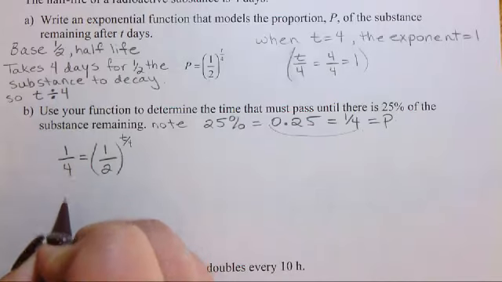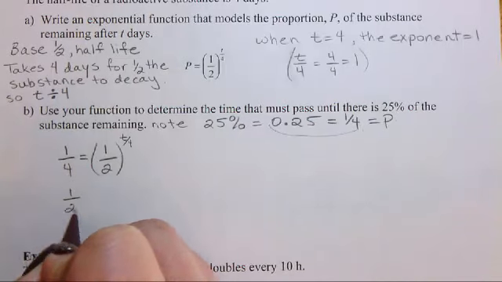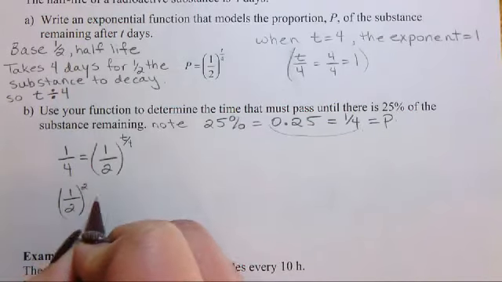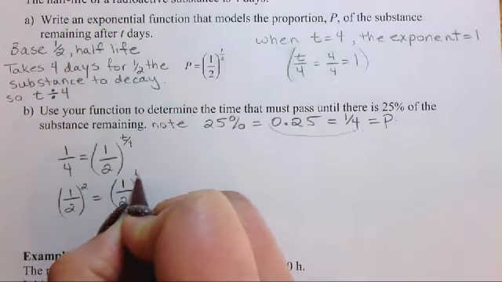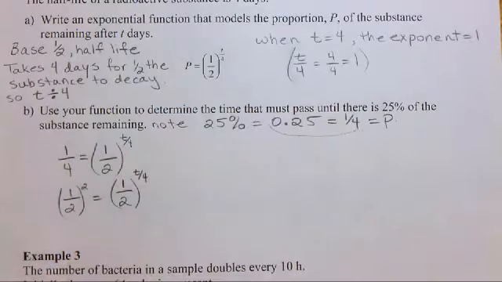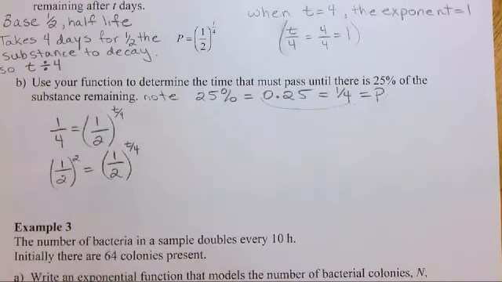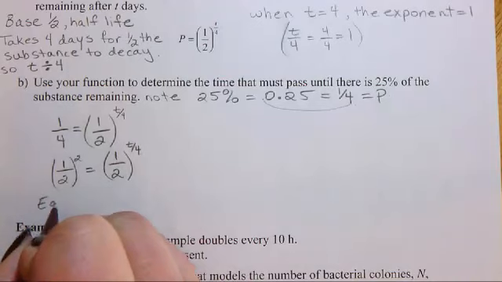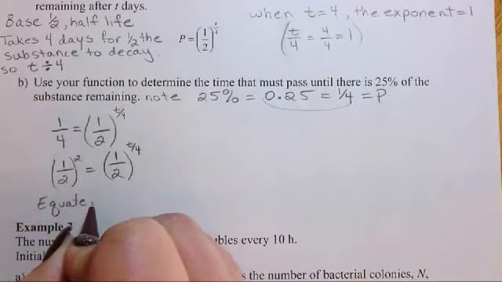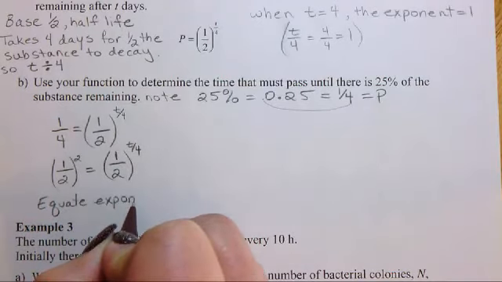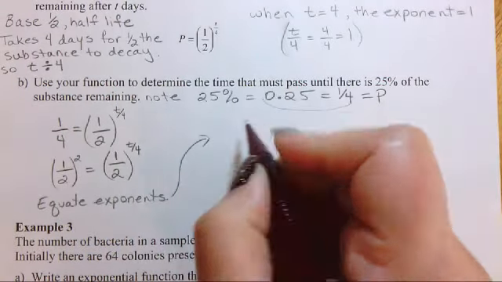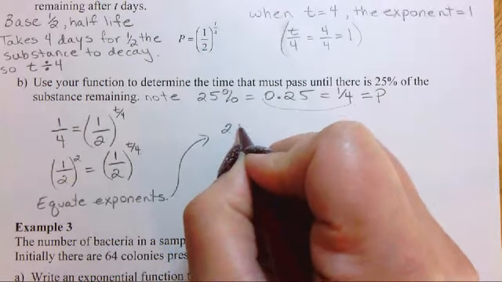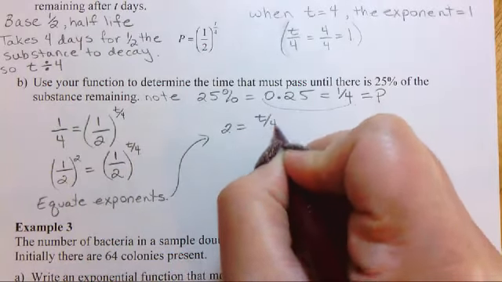Now we can change this so that it's written in a base of 1/2. So that's going to be 1/2 squared, equal to 1/2 to the power of t over 4. Note they are of the same base, so we can equate the exponents. We end up with 2 equals t over 4.